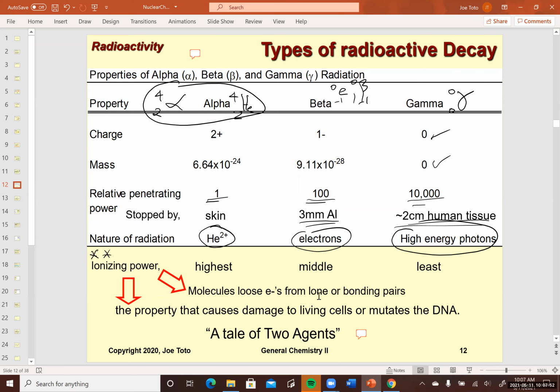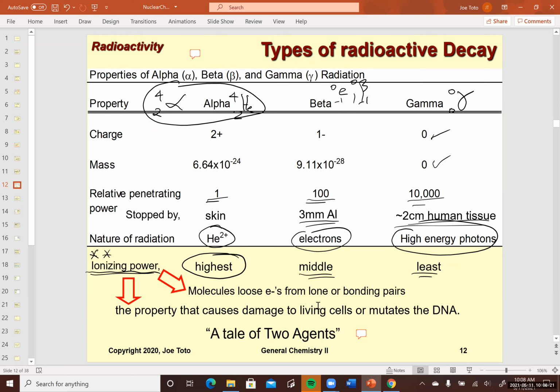Which one can harm a biological system would be one of the things to look at, which is ionizing power. And you know what that means. It's just the power to knock out electrons. And so for the ionizing power, the most dangerous is the alpha particle. And then it goes in that order.